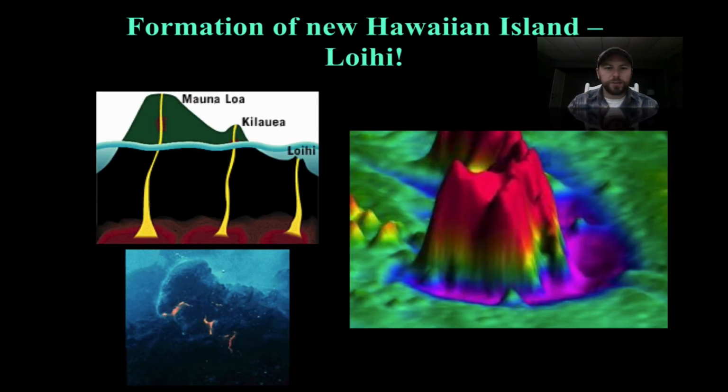Here's just the Hawaiian Islands, once again, taking a look. So here's this mountain. Here's the hot spot coming up. Same thing, and the plate will move across. This is just a digital elevation map of the sea floor where we could see this hot spot and this magma coming up.